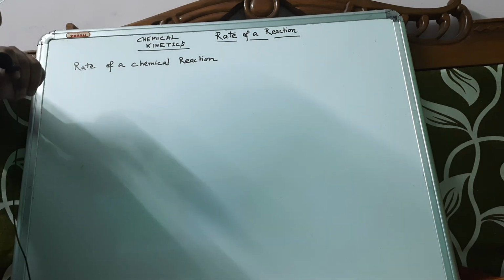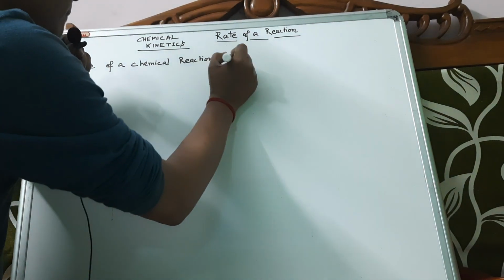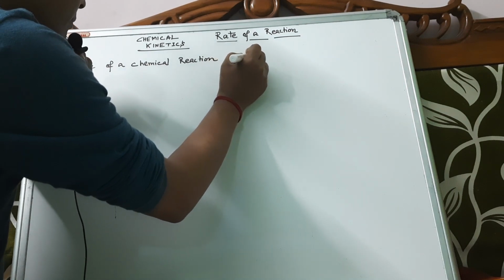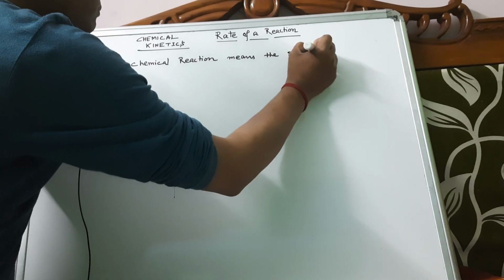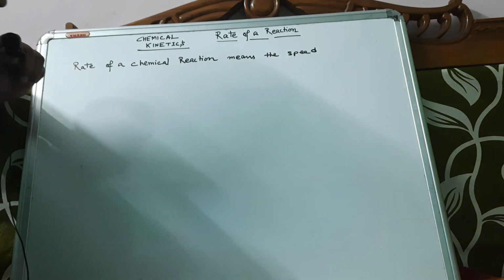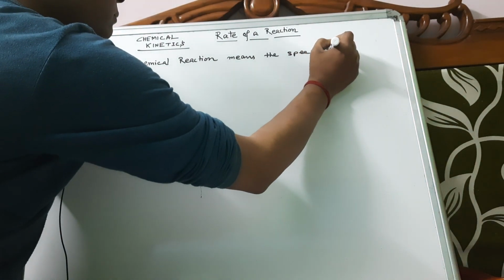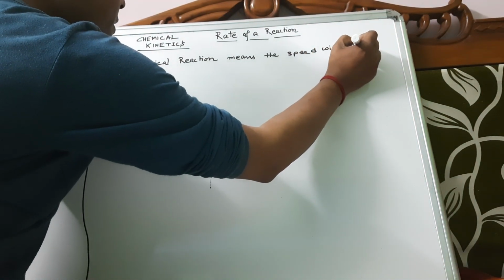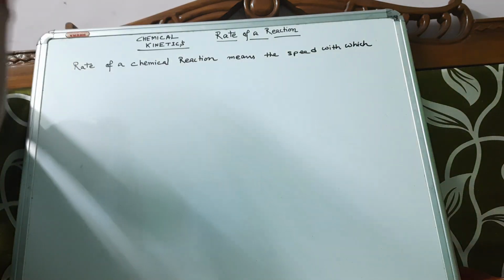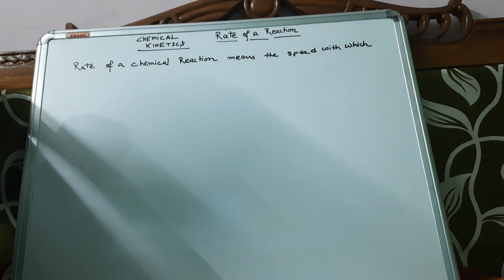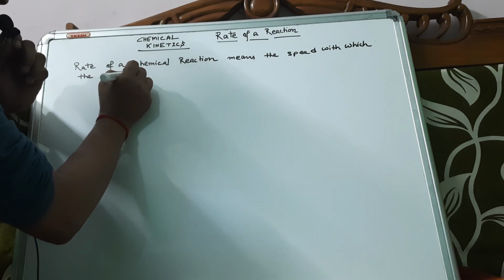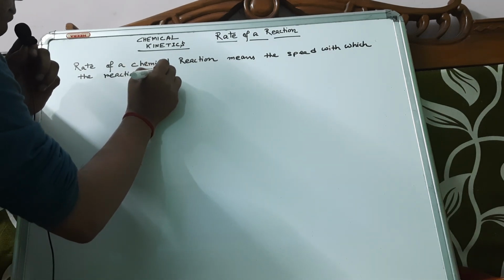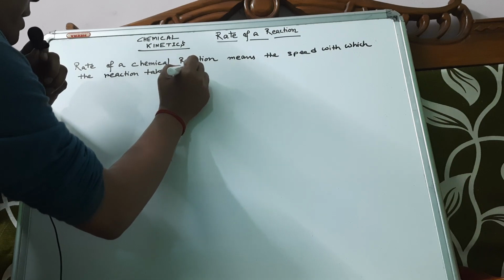Rate of a chemical reaction actually means the speed with which the reaction takes place. This is the rate of a reaction.